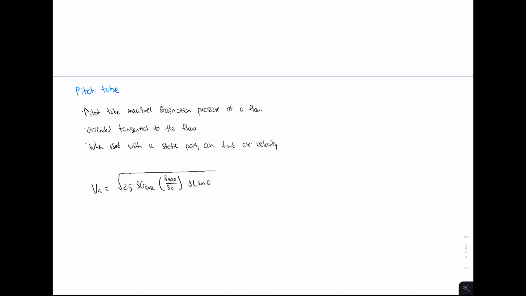So we're using this pitot tube to, again, measure the velocity profile in this experiment as well.